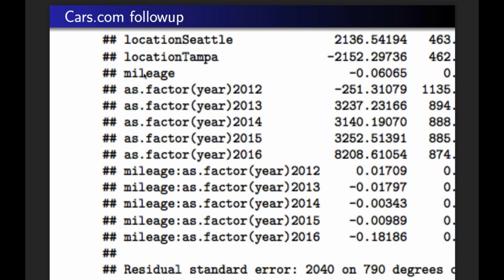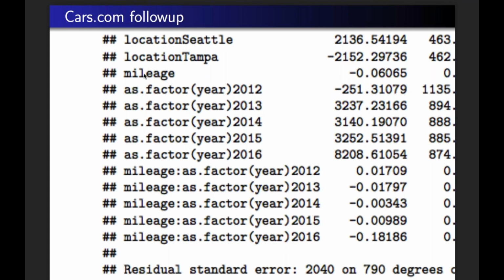Mileage here, and again, students are always warned to be careful about interpreting main effects in the presence of interactions. You have to be very careful as you start thinking about this. But that mileage slope is really thinking about what the term would look like in 2011 as the reference. And what it's saying is that in 2011, it costs about 6 cents in terms of decreased car value for every mile that's driven.